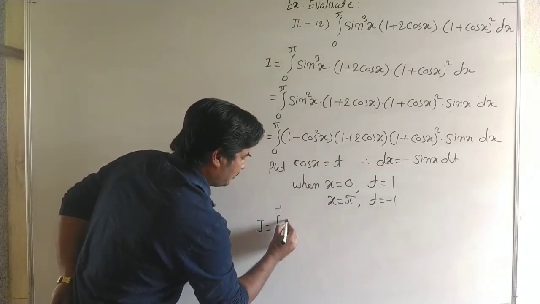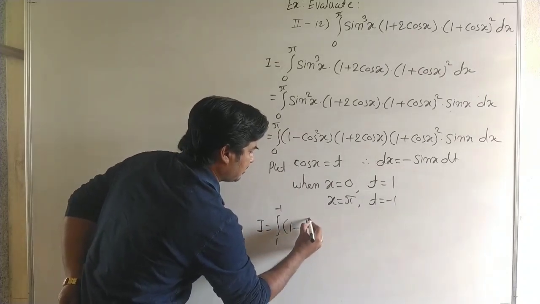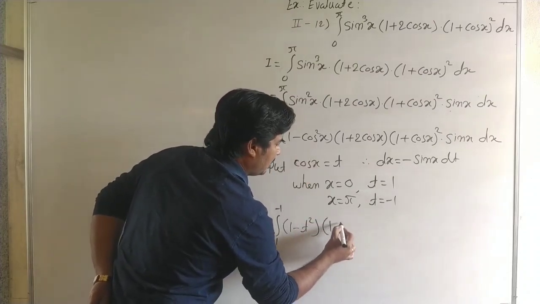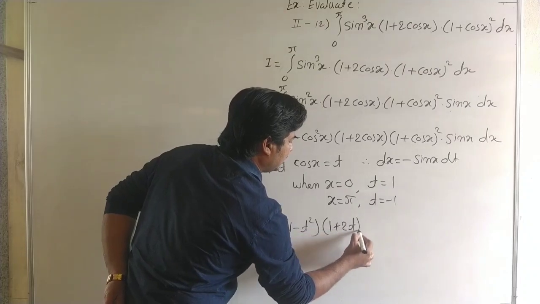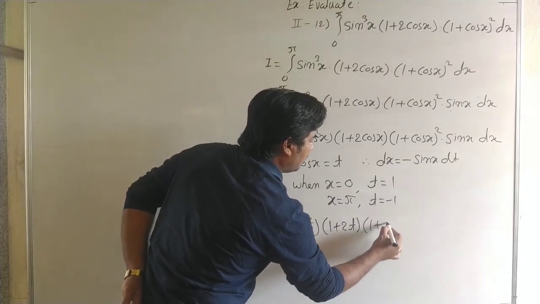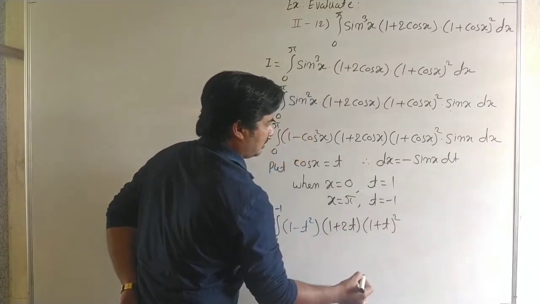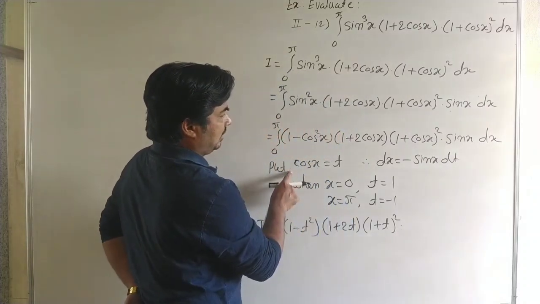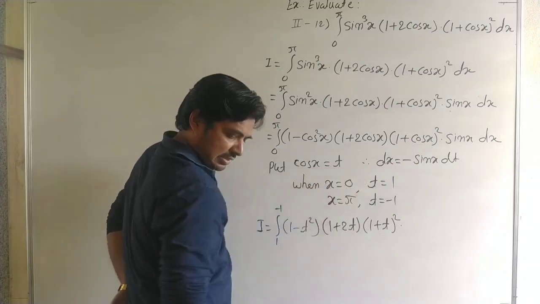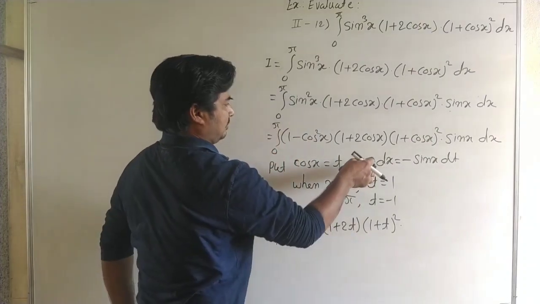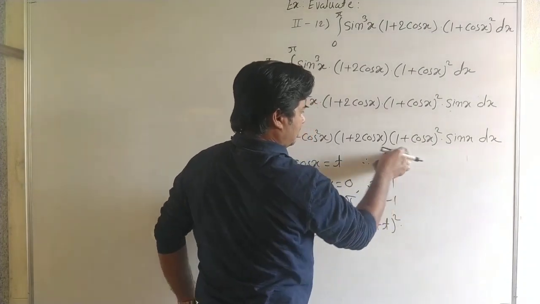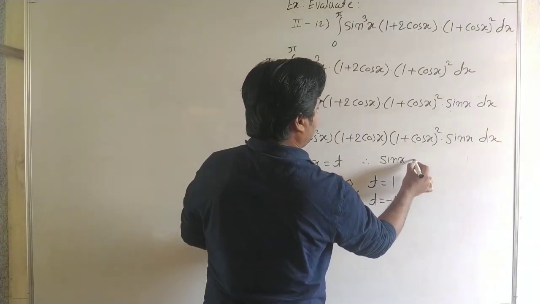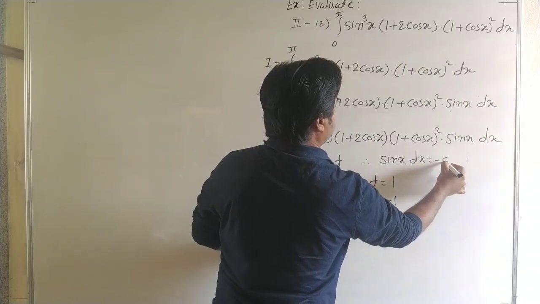Now here 1 minus t square into 1 plus 2t into 1 plus t whole square, and the derivative of cos x is minus sin x, so sin x dx is equal to minus dt.